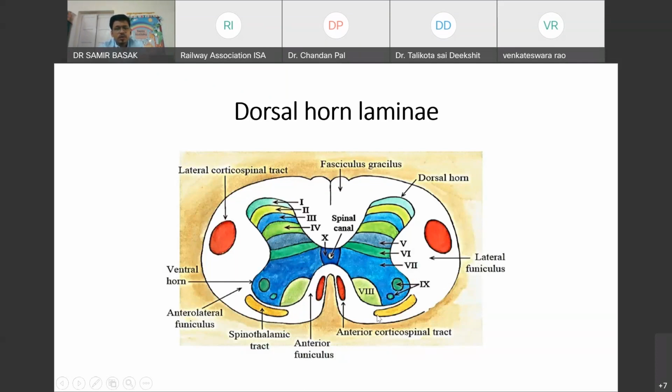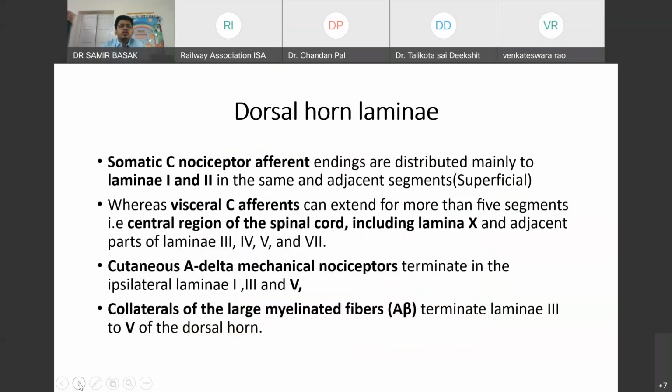And there is the spinothalamic tract. This is one of the important ones. Sensory C fibers are mainly transmitted through lamina 1 and lamina 2, the superficial part.